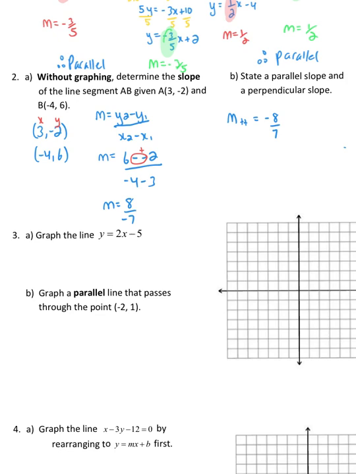For perpendicular, I'm going to write M with the perpendicular symbol, so the perpendicular slope, and I'm going to take the negative reciprocal. So this first is the negative, and then when I take the reciprocal, I'm going to flip the fraction to get -7/8.